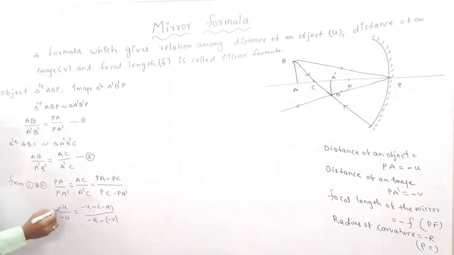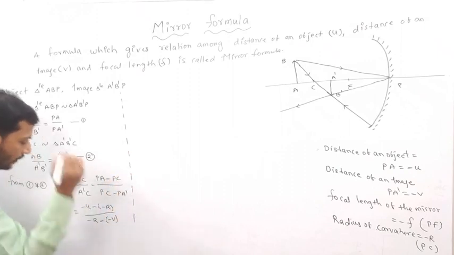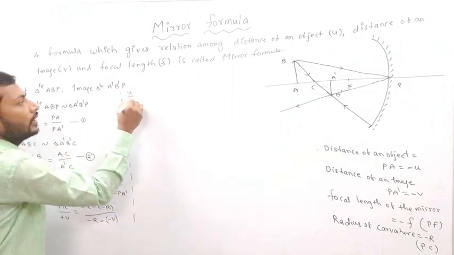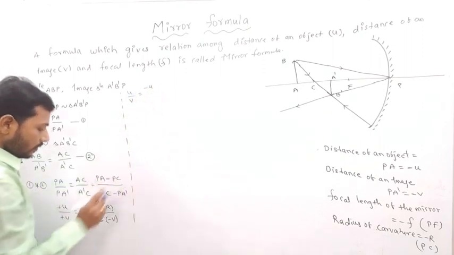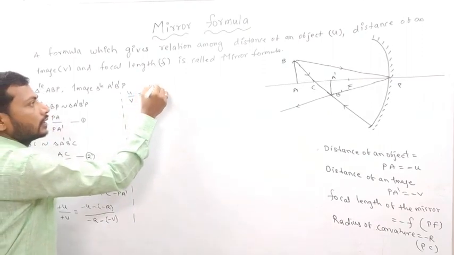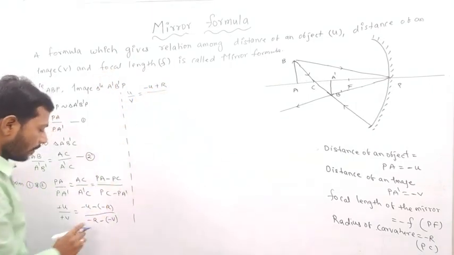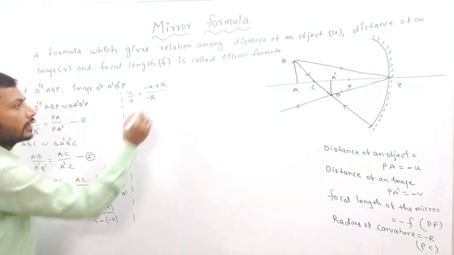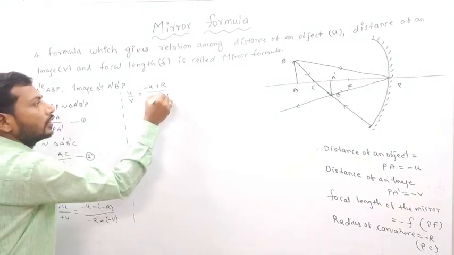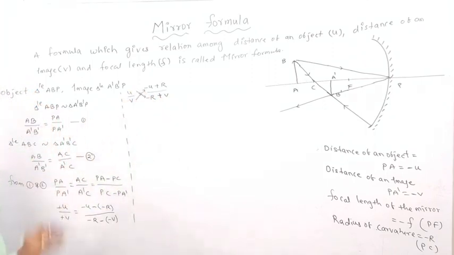Now this minus gets cancelled. Then you are going to get U by V equals to minus U, this minus into minus plus R. Very good. Divided by minus R, minus into minus plus V. Simply do cross multiplication to make an easy equation.